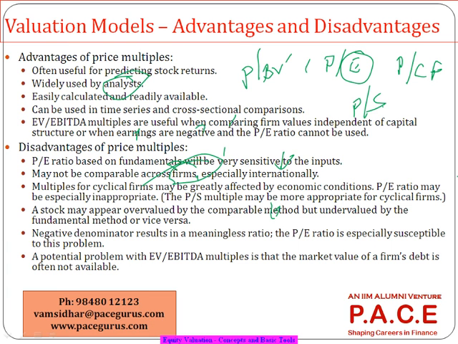So I am always talking in relative terms. This is better than this, but both of them could be worse also. This cannot be brought out by any relative valuation model, which is P by E, P by B. They are only a comparison with respect to some other company's data, making an assessment based on that. Whereas when it comes to DCF based models, we are not doing any kind of comparison with anything else.